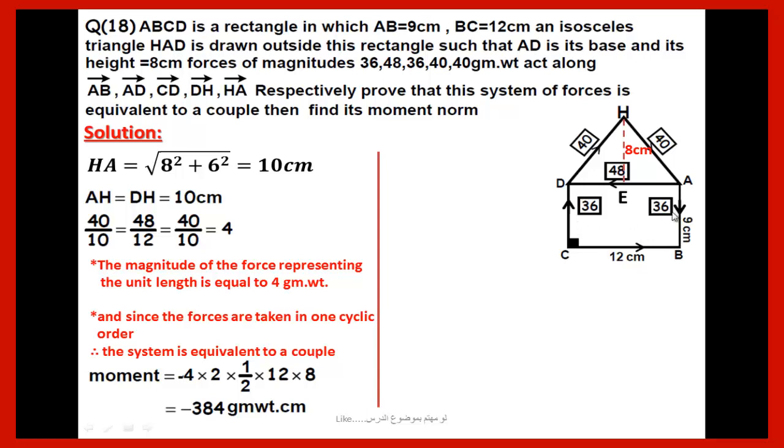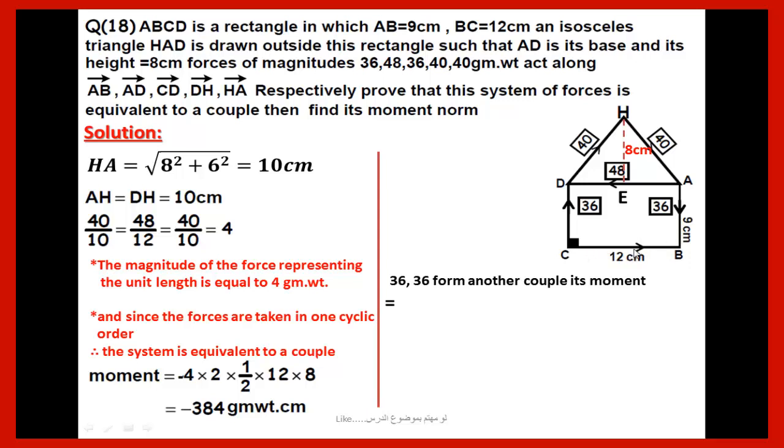The two forces 36 and 36 form a couple. Why? Because the lines of action of these two forces are parallel and in opposite directions, and they are equal in magnitude. So the two forces 36 and 36 form a couple whose moment equals 36 multiplied by the perpendicular distance, 36 multiply 12.